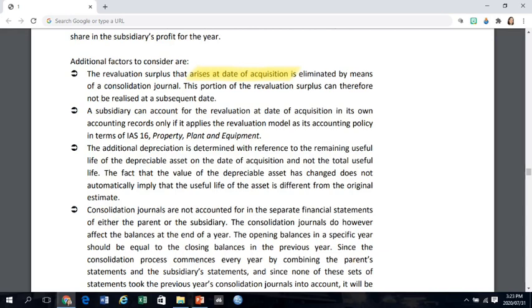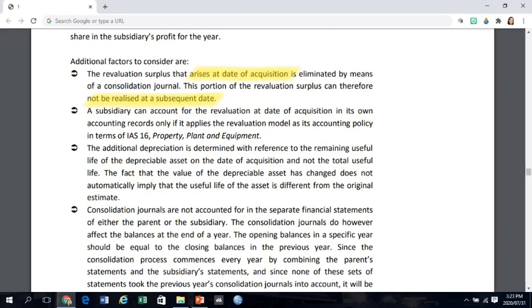This portion of your revaluation surplus can therefore not be realized in the group at a subsequent date. This principle was also addressed as part of example 7.1, and you can refer to part 3, the video on example 7.1 part 3 that looks at this principle.